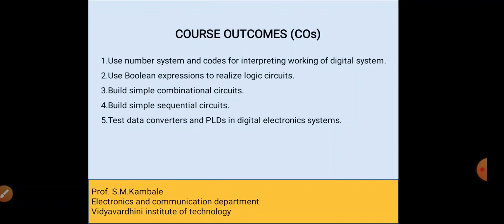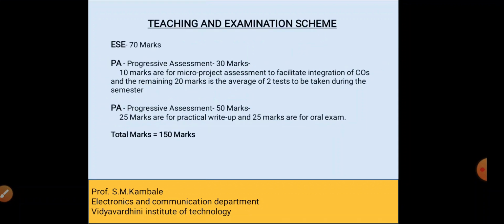Okay, now looking to the next, that is the teaching and examination scheme. Our subject has a total of 150 marks, which is further classified into two types, one is theory and second is practical.